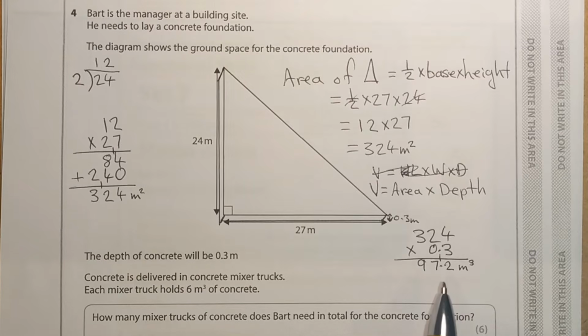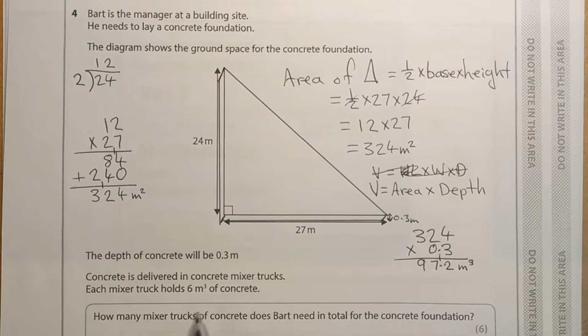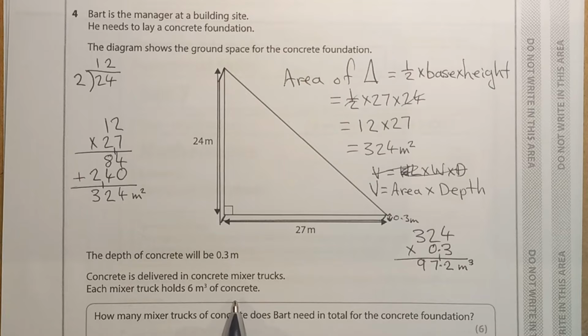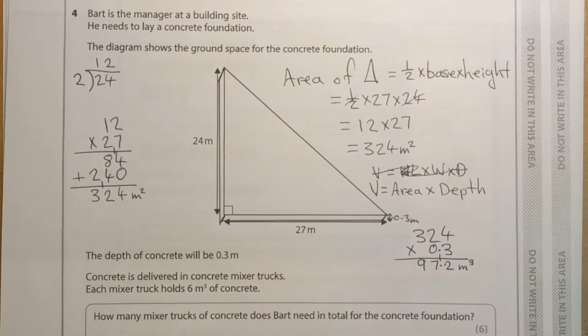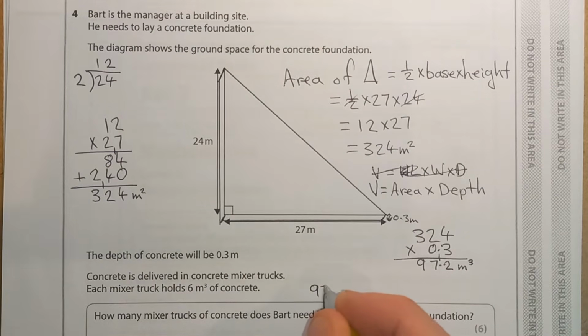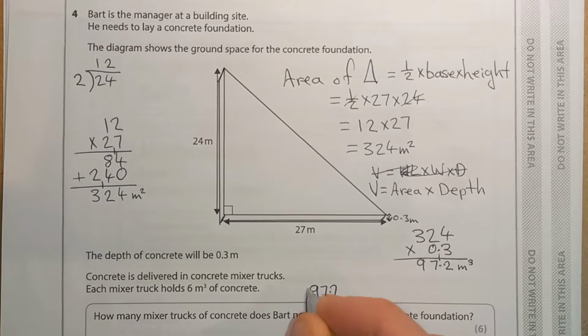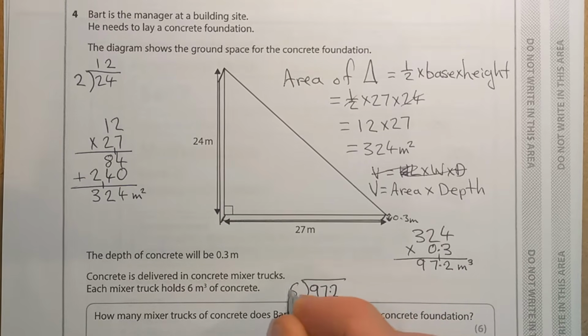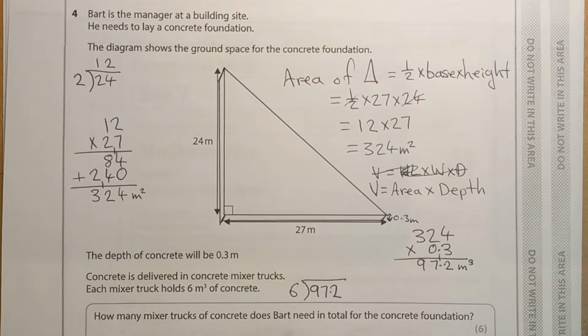Right, so we're getting there. That's the volume. Each mixer truck holds 6 metres cubed of concrete. So we're going to need to divide our 97.2 by 6 to know how many trucks we need.